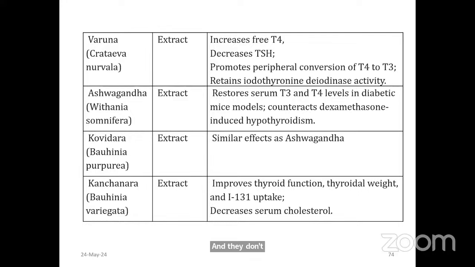So if drug-induced hypothyroidism, specifically steroid-induced hypothyroidism cases are there, then Ashwagandha can be a choice of drug. Povida has a similar effect to Ashwagandha. Kachnar improves the thyroid function, thyroidal weight, and iodine-131 uptake, and it also decreases the serum cholesterol.